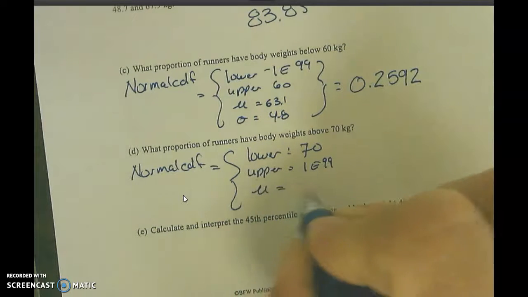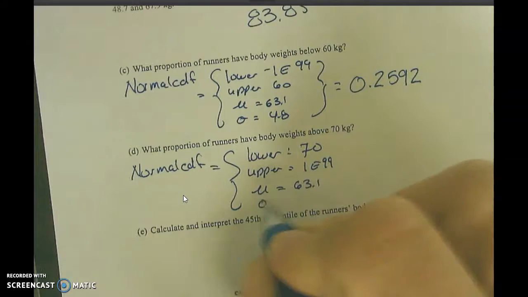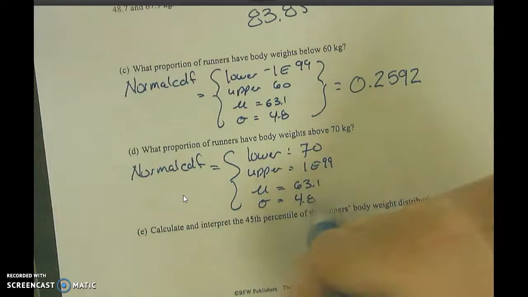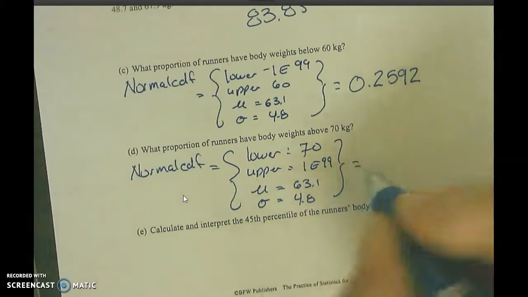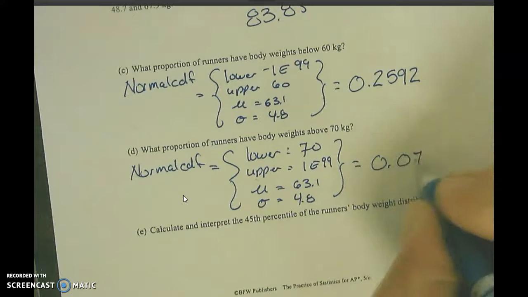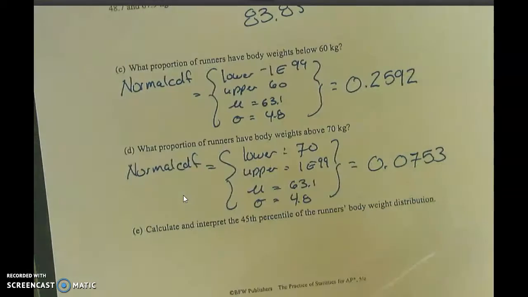The mean is 63.1. Standard deviation is 4.8. And my calculations gave me 0.0753. And if you did it using a table, I can work with you individually on how to find it using a table. Questions?